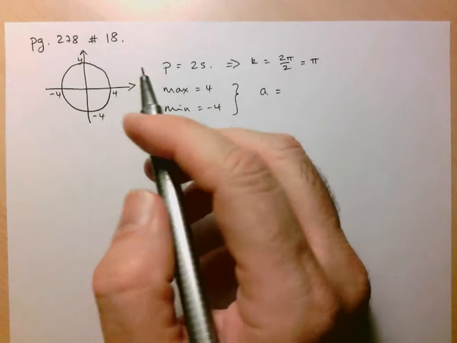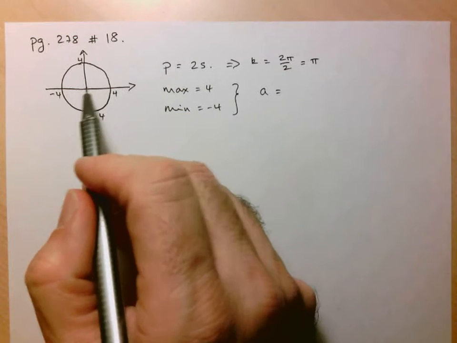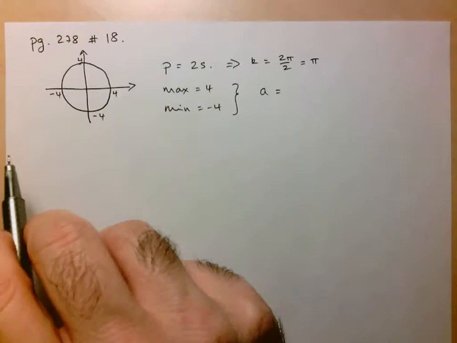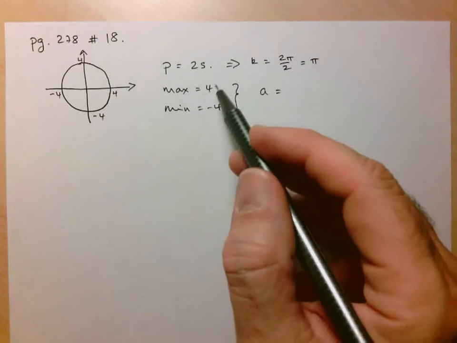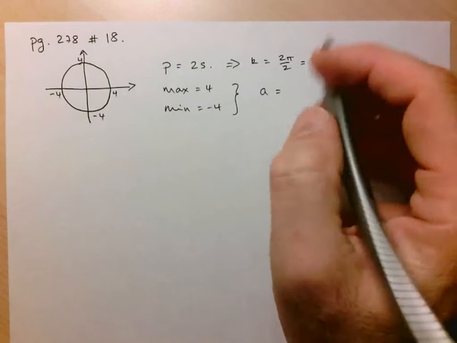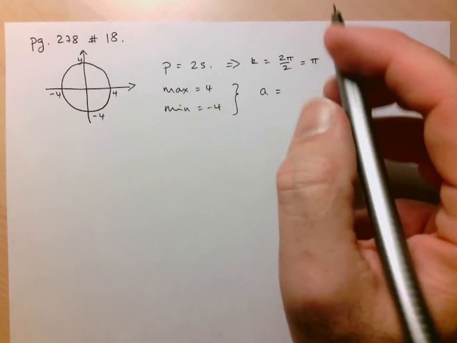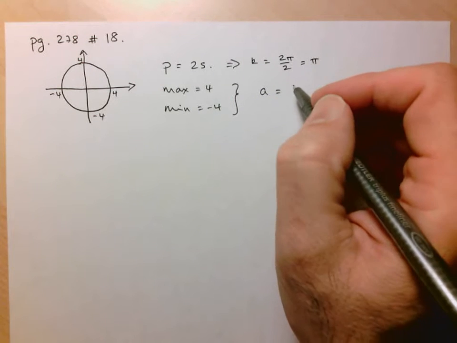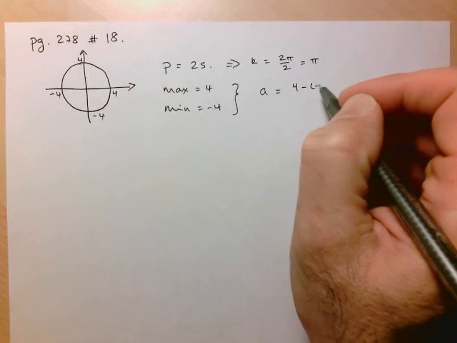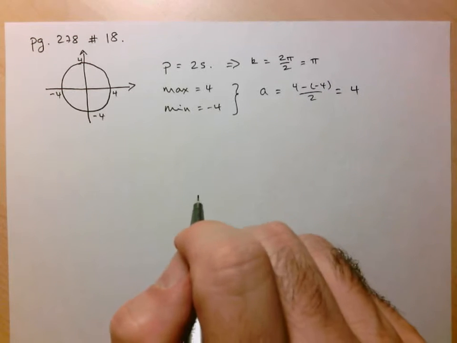Here, we should know what the amplitude is going to be, because the distance between the middle and the maximum or the minimum is just going to be 4. Of course, what you could also do is subtract them, since we're looking for the amplitude. It's half the distance between the max and min. So 4 minus negative 4, divided by 2, which is 8 over 2, 4, as we expected.